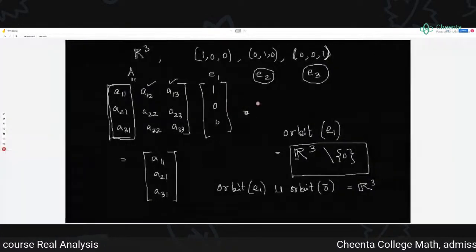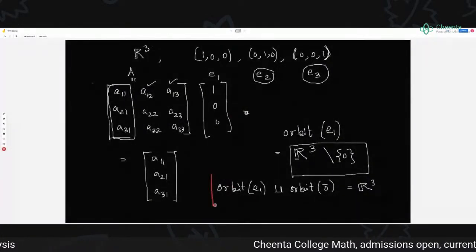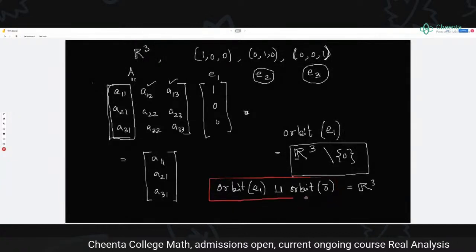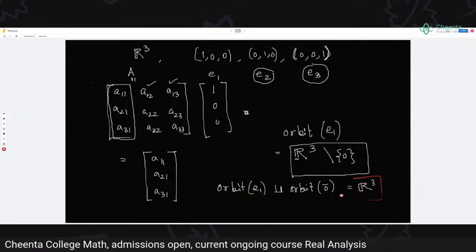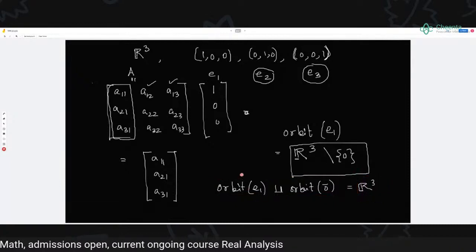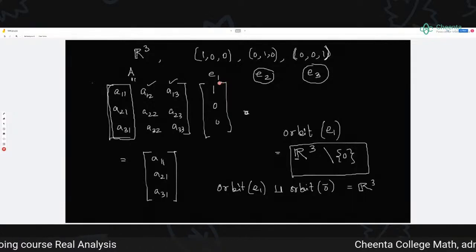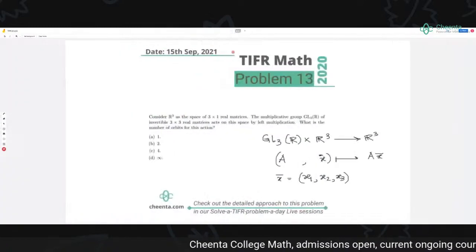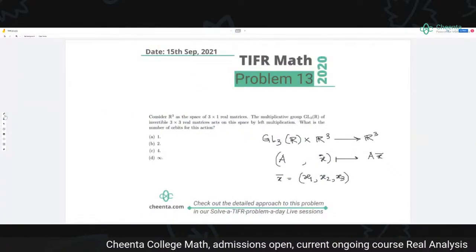Here, since we found the disjoint union of orbits to be the entire set, there are only two distinct orbits in this group action. Thus the answer is two.